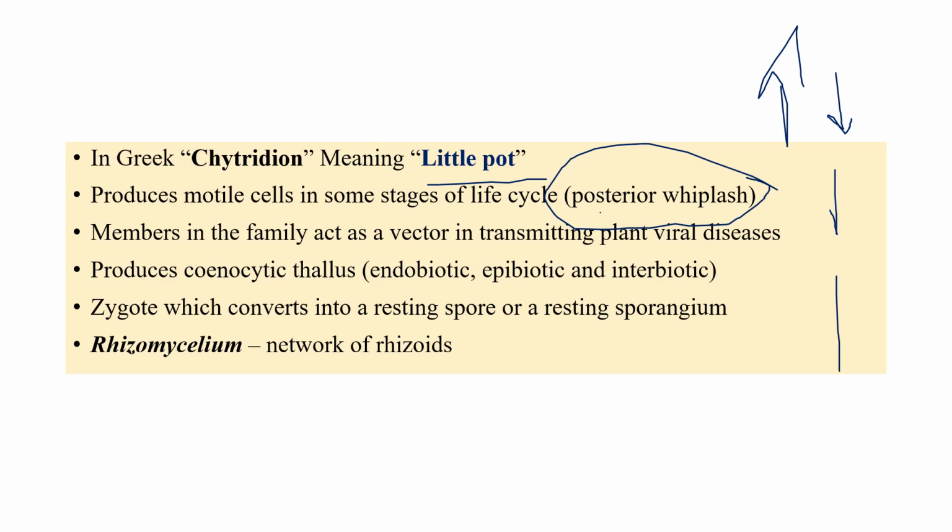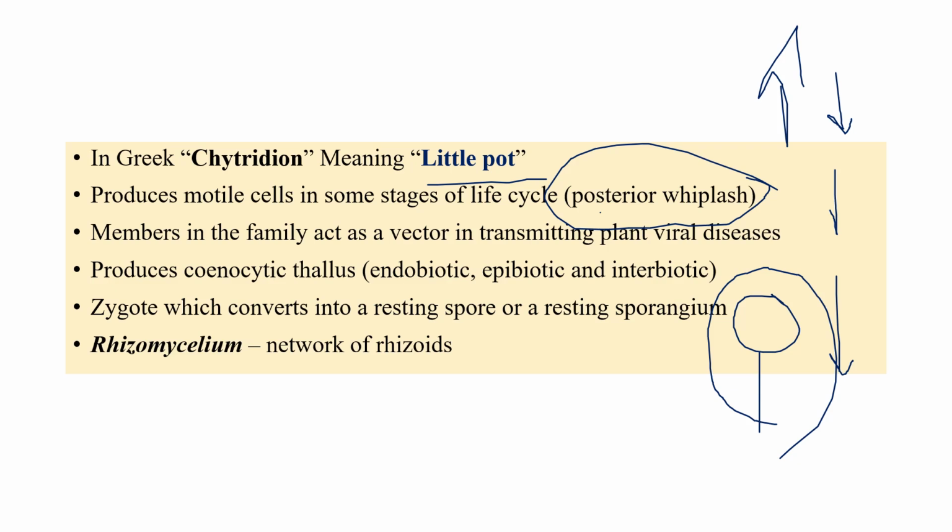Whiplash means without hair, so the flagellum has no hair-like structures or small fibrils, right? And tinsel means with hair. Since it is mentioned as posterior whiplash, the flagellum is in the downward direction and has no hair. Posterior means downward, whiplash means without hair. Another important point in this life cycle is the production of motile stages, that is, uniflagellate posterior whiplash flagellum. In our previous videos we published a video regarding types of flagella.